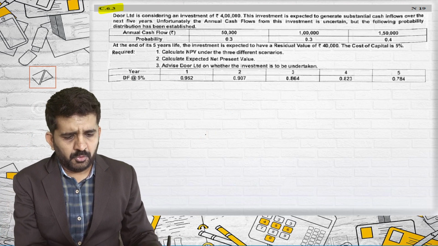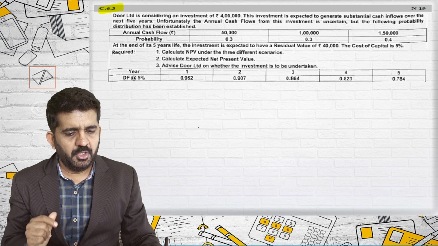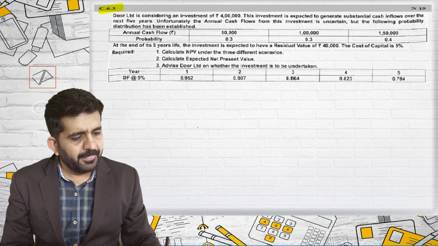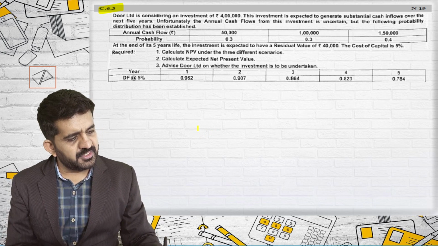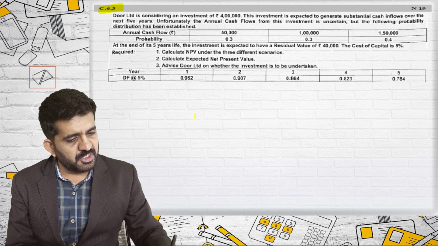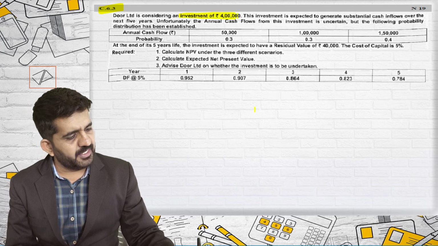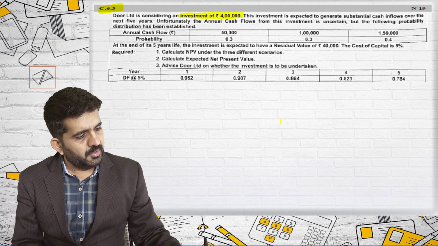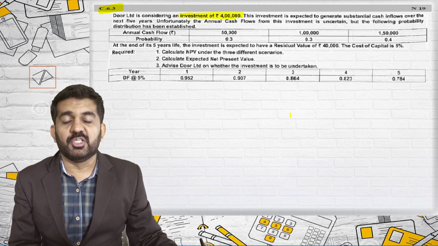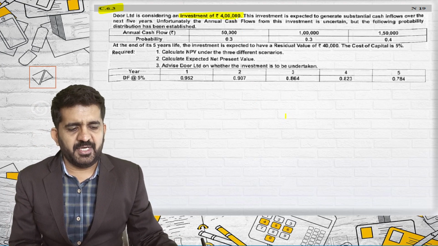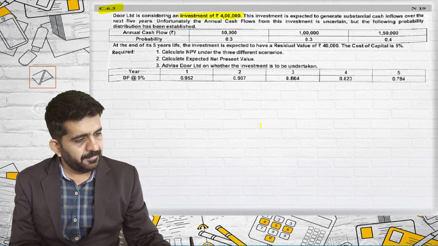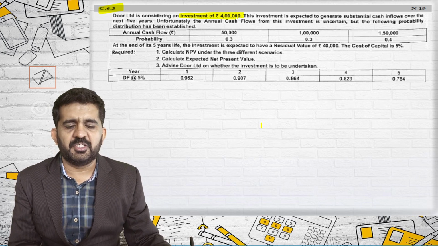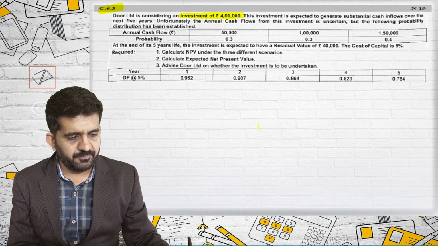All of you are good to go? Yes. Door Limited is considering an investment of 4 lakhs. This investment is expected to generate substantial cash flow. So cash outflow is 4 lakhs, over the next 5 years. Unfortunately, the annual cash flow from this investment is uncertain, but the following probability distribution has been established.